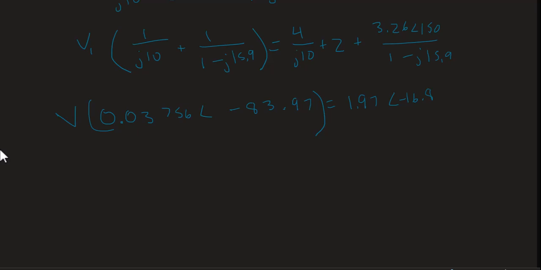And on the left side, I got 1 times 37.6 times 10 to the negative 3, with an angle of negative 83.9. I have 84. I got very close to that, but it might have been a rounding thing.